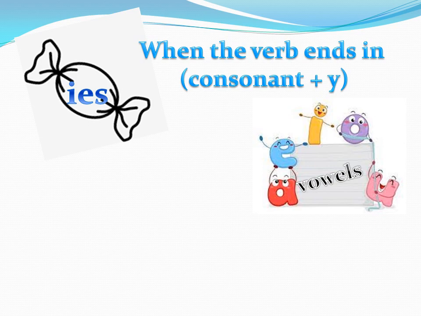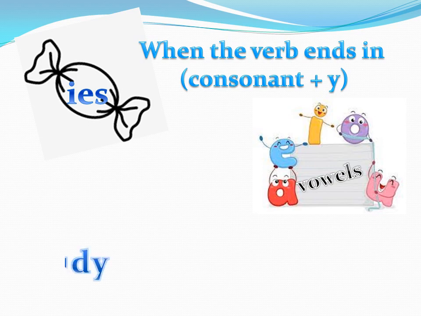So the vowels are those five only, but the other letters are called consonants. If we have any verb that ends in y and before the y there is a consonant, we cross the y, we say bye-bye to the y and add instead ies.